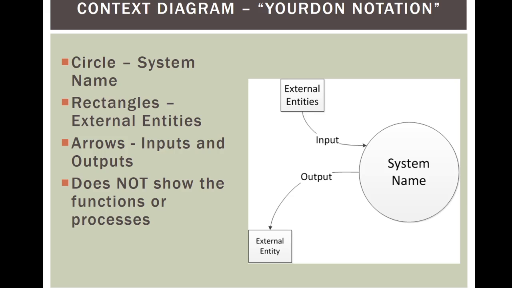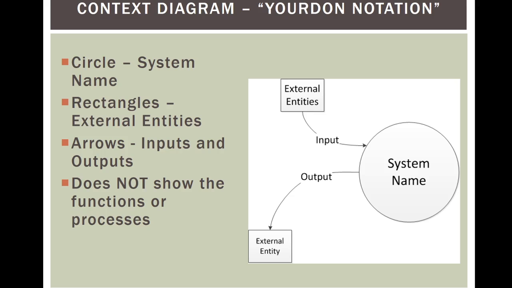But there's no breakdown within that. There's no subsystems. There's no processes. There's no functions. There's none of that going on, because that's outside the scope of what we're looking at here. But what we do have are external entities, which are things that either give an input or receive an output from our system. Again, these are our stakeholders for this particular system.